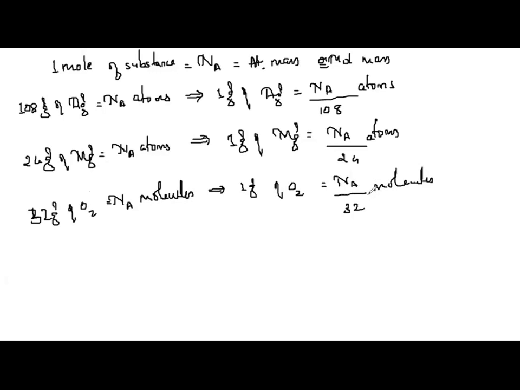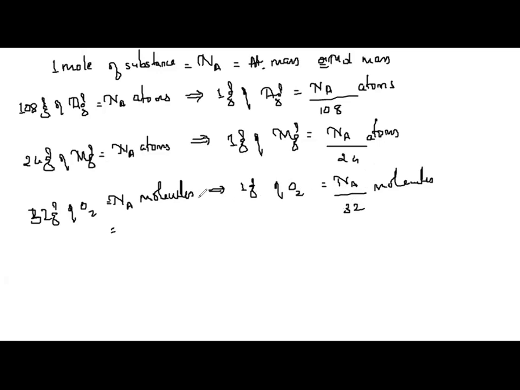But here I want it in terms of atoms. So I can say 32 for O2. So for Na, contains Avogadro number of molecules.